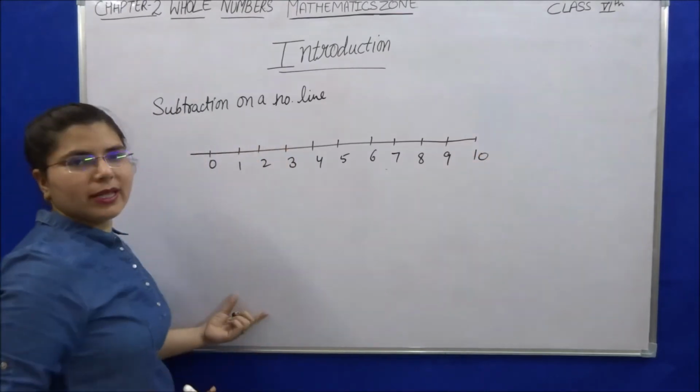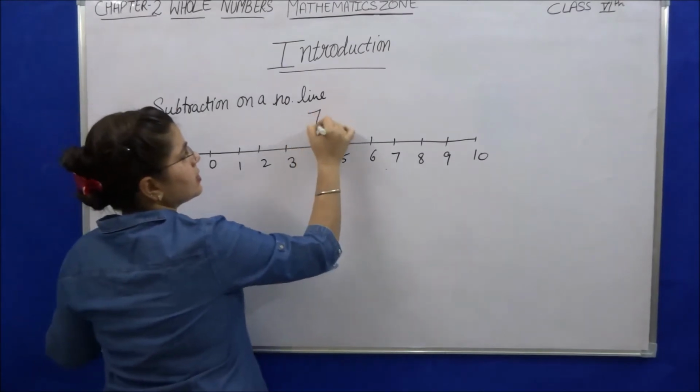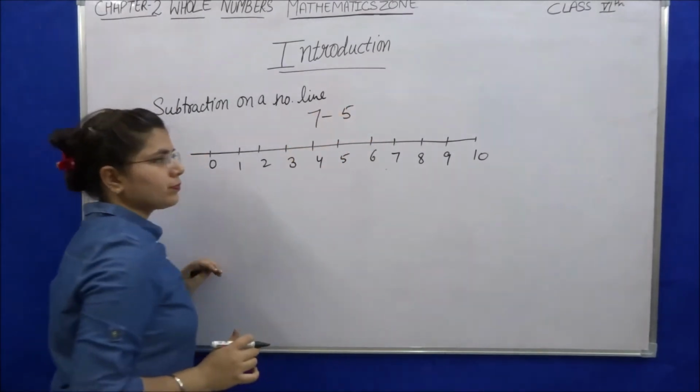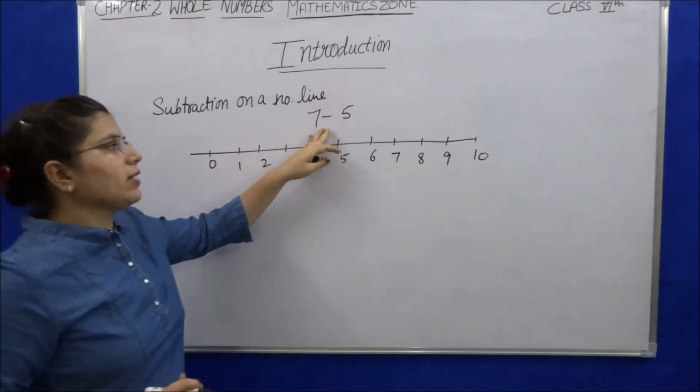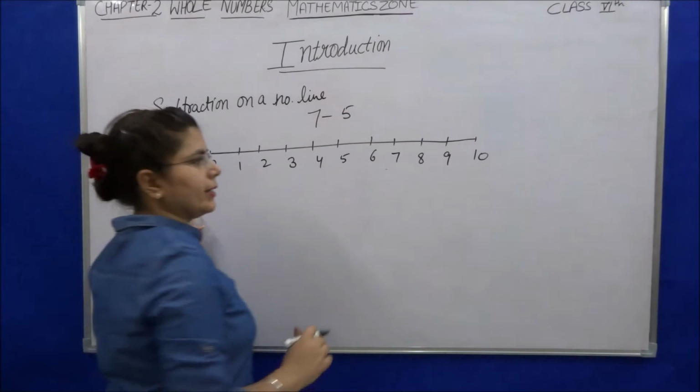Now we want to subtract 7 minus 5. Algebraically that will be equal to 2. Now we will represent it on a number line.